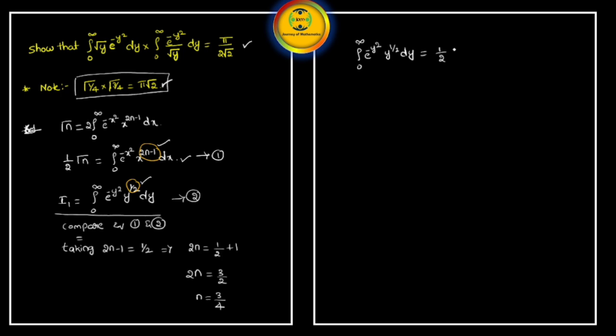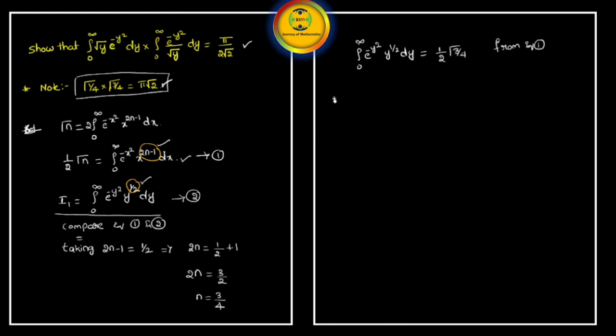The n value is 3 by 4, so gamma of 3 by 4 I can write. So I have used the definition 1, from equation 1 I can write this.